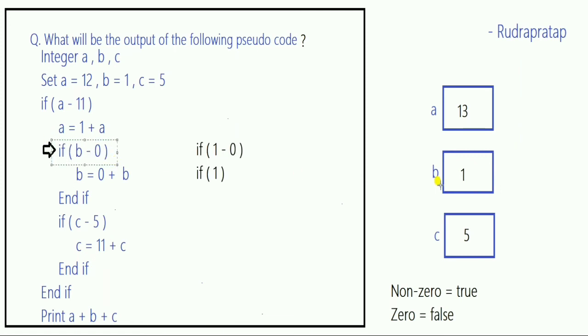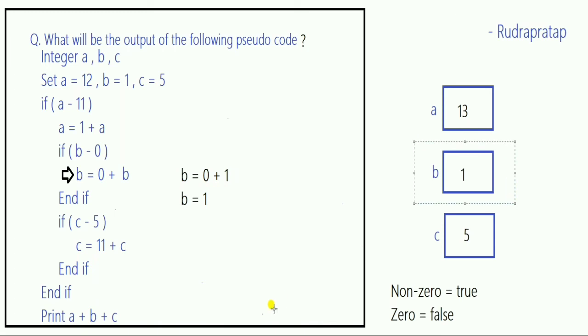The value of b is 1. So 1 minus 0 is 1, and 1 is non-zero, which means true. So we can execute the body of this if condition, and in this body we have b equal to 0 plus b. The value of b is 1, 0 plus 1 is 1, and 1 is assigned to the variable b.